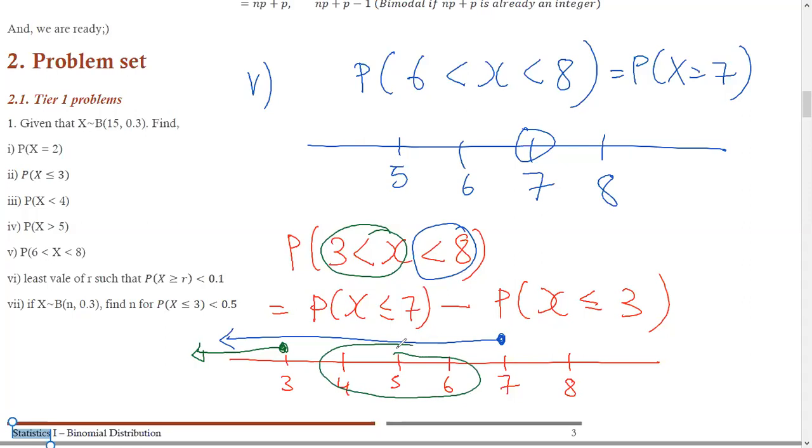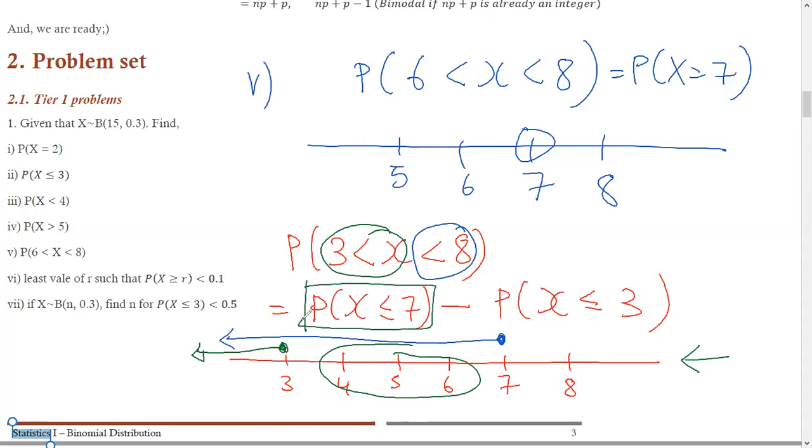So at the end of the day, we can change it to P(X ≤ 7) minus P(X ≤ 3). Hopefully everybody can see this. If you cannot see this, please try to draw your number line. So if I want X to be between 3 and 8, non-inclusive, the subtraction that we can use is P(X ≤ 7).